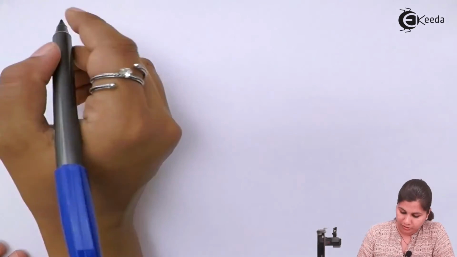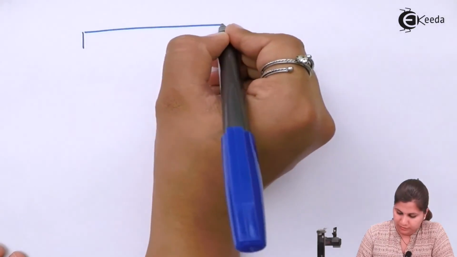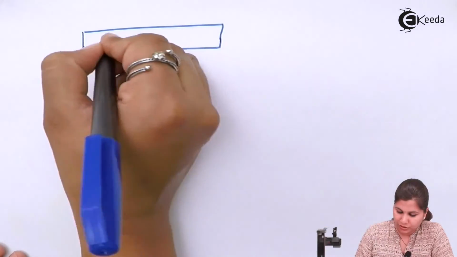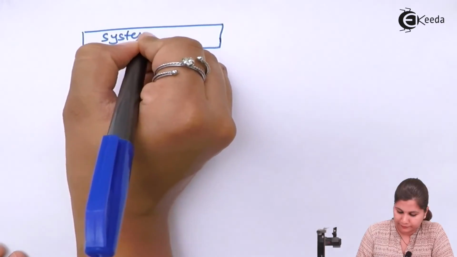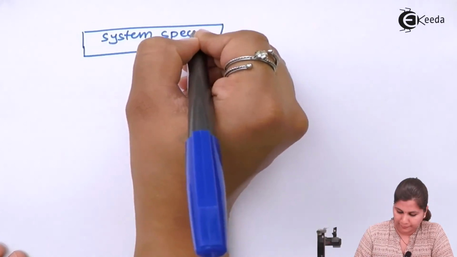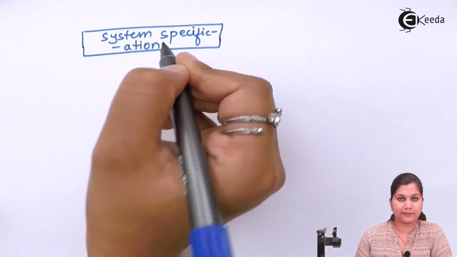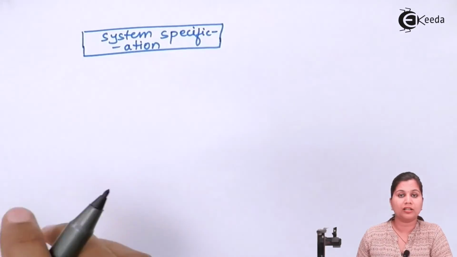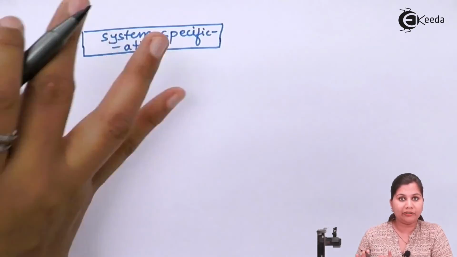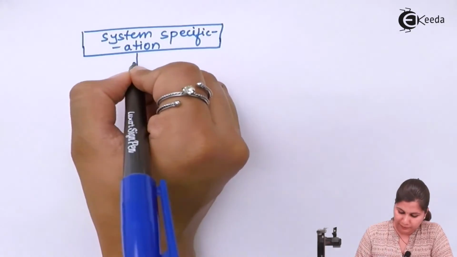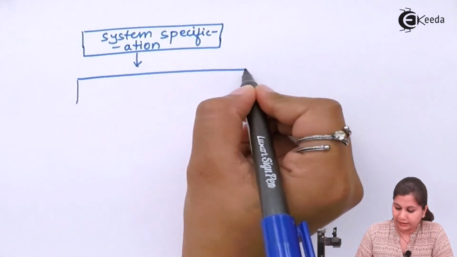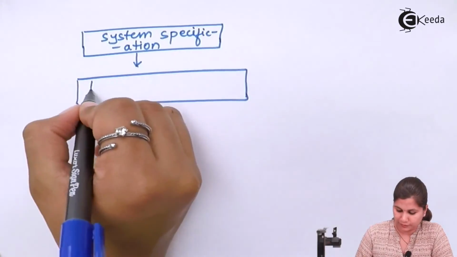Now, as I've said, design flow is the sequence of steps to be followed in the design method. Here, first of all, the system specifications are given: what function the system has to perform, and what things are mandatory in the system. Then behavioral specification.